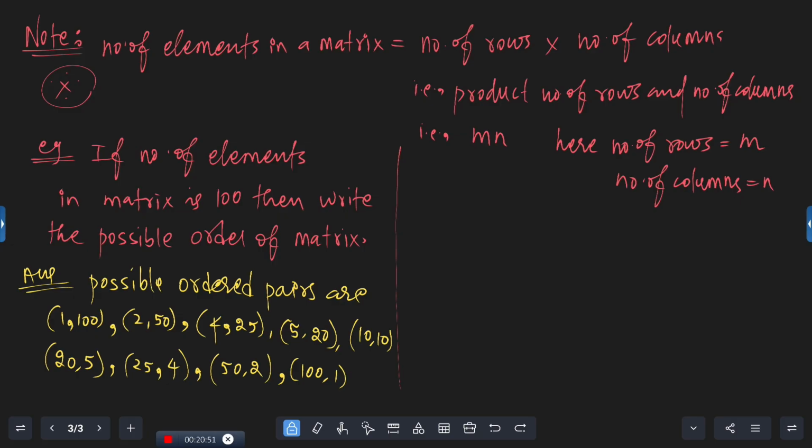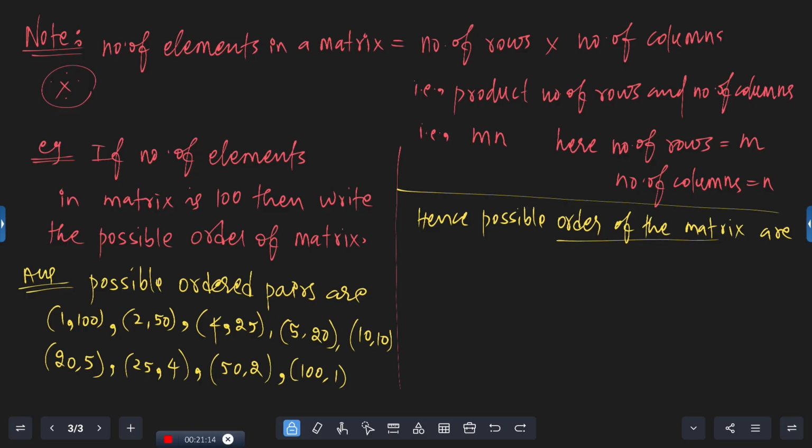If you are writing the possible order of the matrix, when you mention the order of the matrix, how do you want to write this?